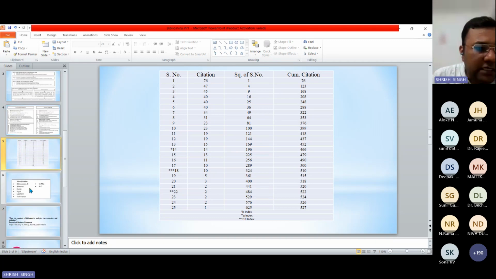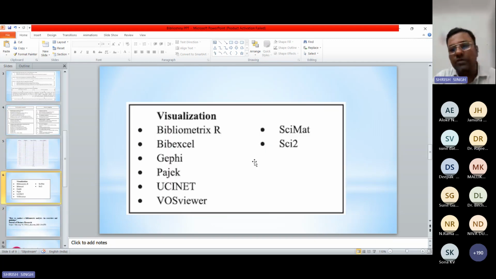Then after this, there are some visualization tools through which we can do this bibliometric analysis. The first one is bibliometrix R, that is basically Biblioshiny, then VOSviewer, Gephi, SciMAT, UCINET. There are so many tools available through which you can do your bibliometric analysis. VOSviewer has been covered earlier, and bibliometrix R means Biblioshiny.